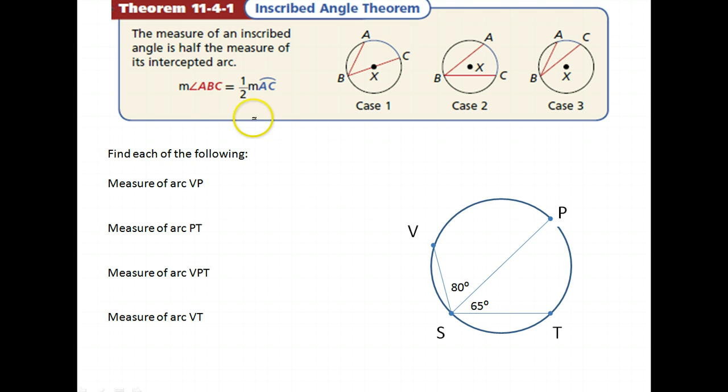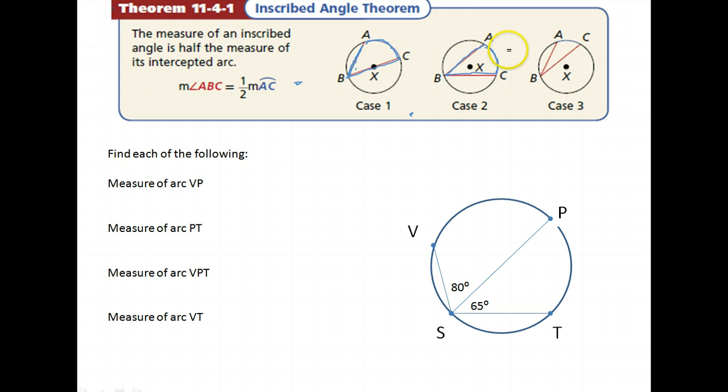So here are the properties that they give you. The measure of an inscribed angle is half the measure of its intercepted arc. There are different cases that you can have here. Notice here we have angle B. Here's its arc. Angle B is equal to half the size of this arc. It doesn't matter whether it's the top part of a circle, or whether angle B contains the center.